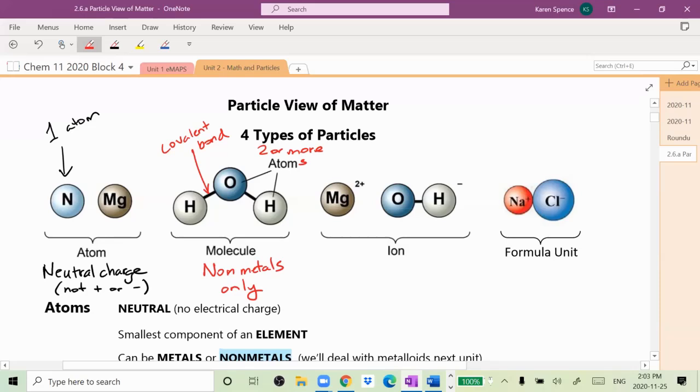Our 3rd type of particle is an ion. Ions can be a single atom with a charge. That is called a monatomic ion. Mono means 1. Do you remember what we call it when we have more than 1 atom in an ion?